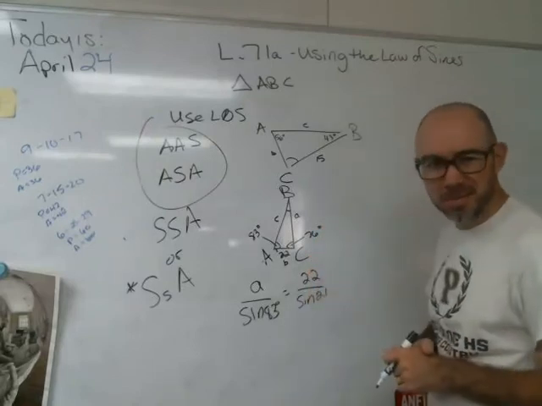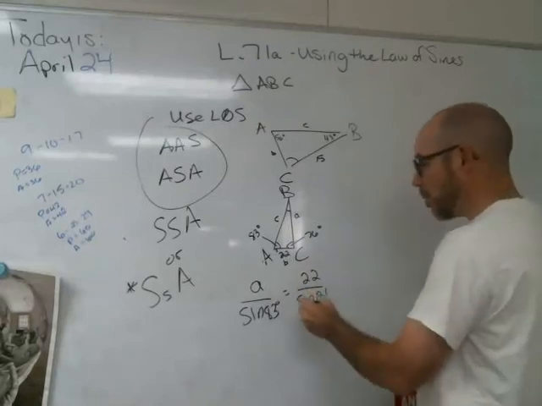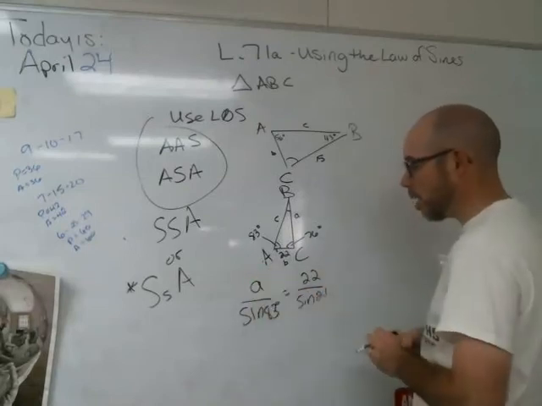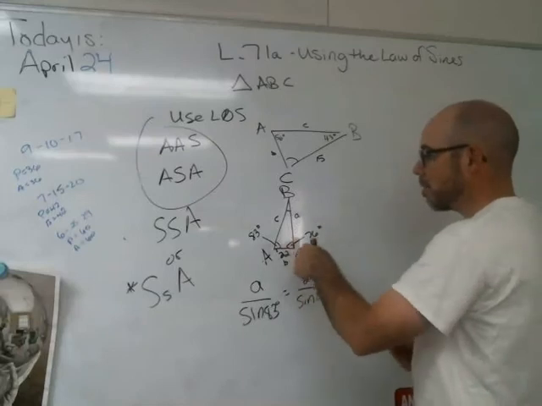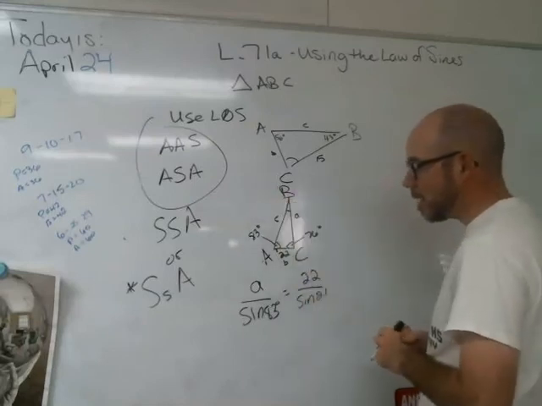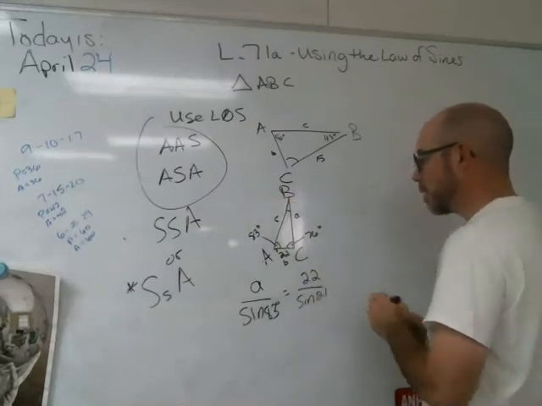I think that's right. Let me double check on that. But anyway, I've got three parts. I need to find the fourth part. Once I've got that, I could do the other one. I could find C using the same process.